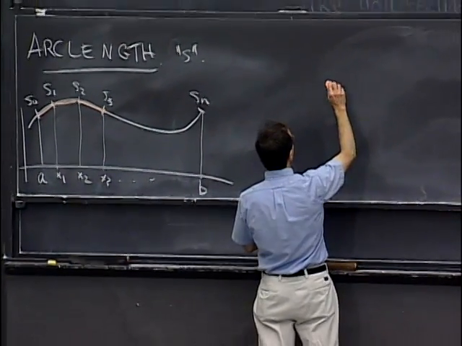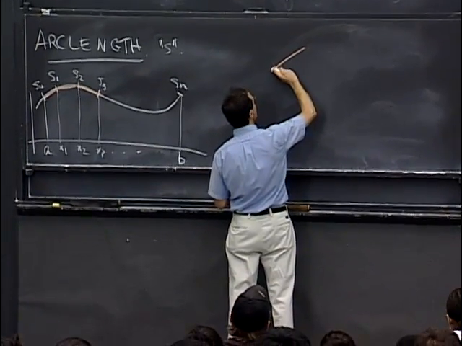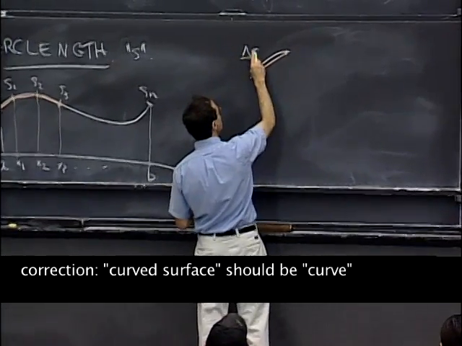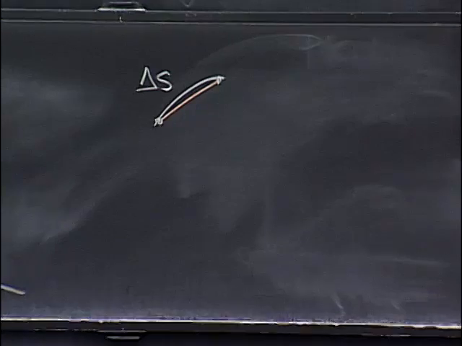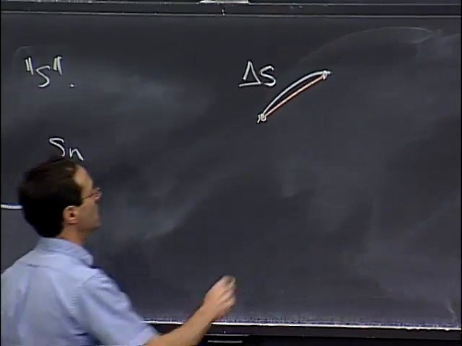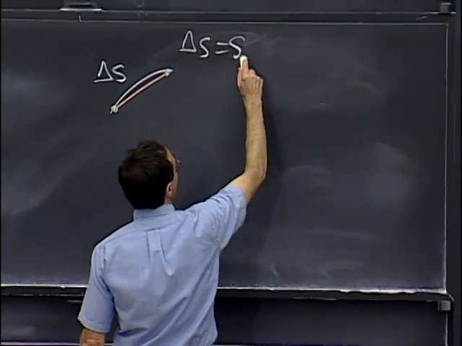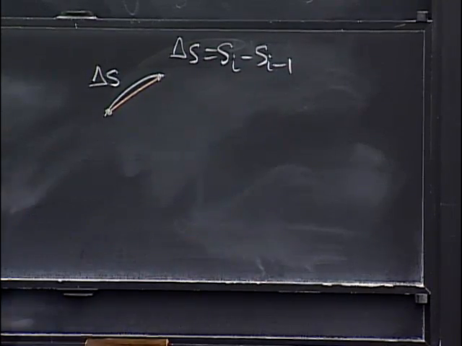So let me just depict one little chunk of this, which is one straight line, and here's the curved surface there, and the distance along the curved surface is what I'm calling delta S, the change in the length between, so this would be S2 minus S1 if I depicted that one. So this would be delta S is, say, S_i minus S_(i-1), some increment there.